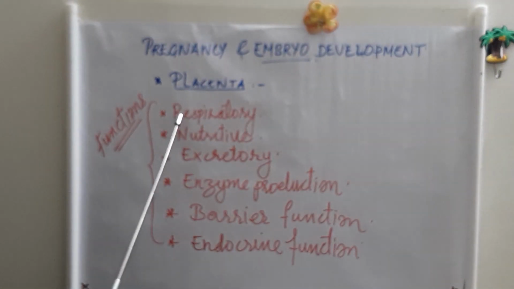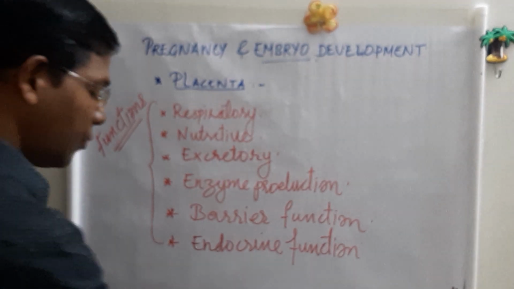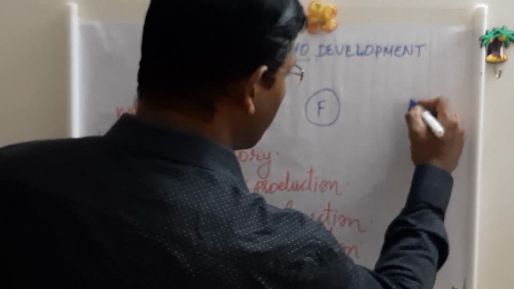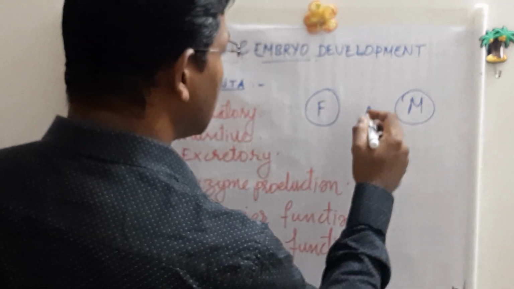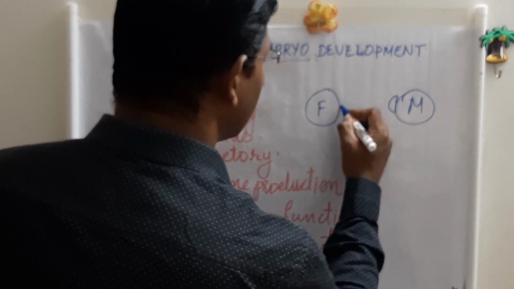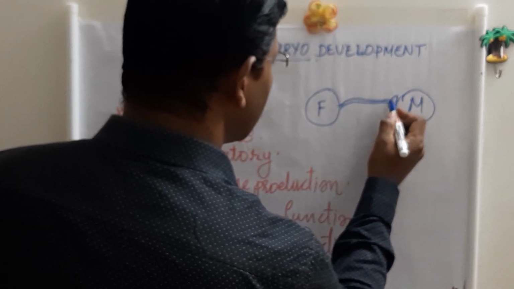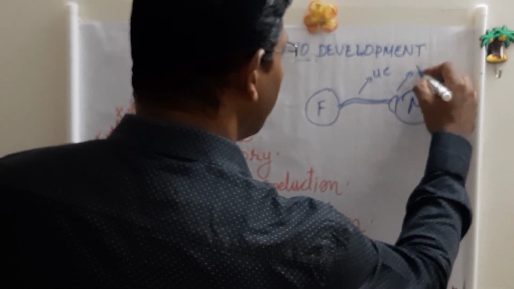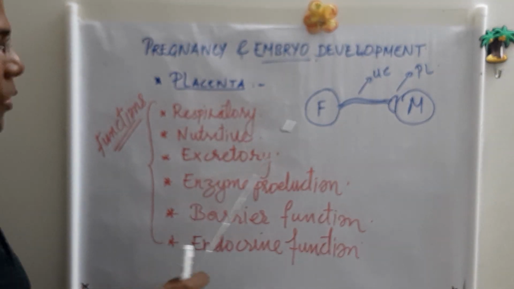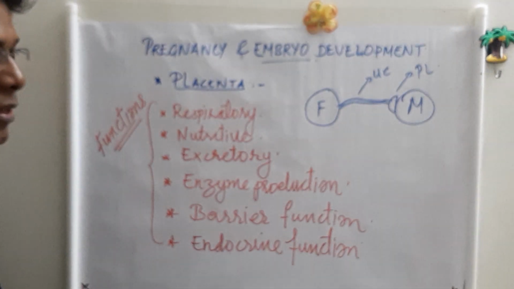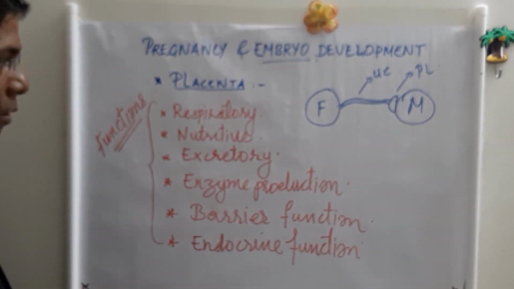Now let's see the respiratory function, the exchange of oxygen between mother and fetus. You know the placenta is here, and through the umbilical cord. Respiratory function means the placenta acts like the lungs, helping in exchange of gases.